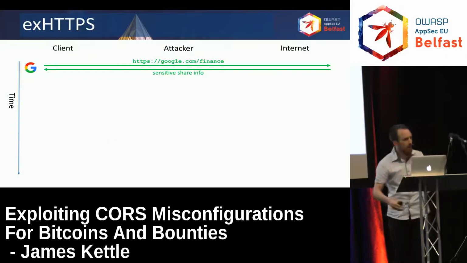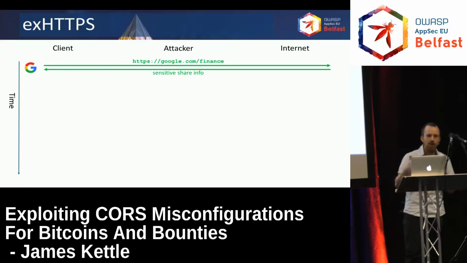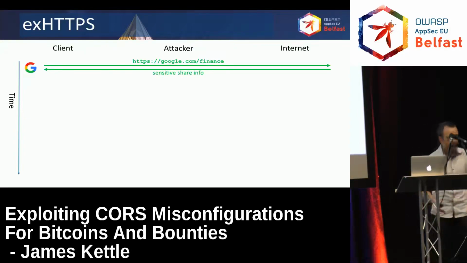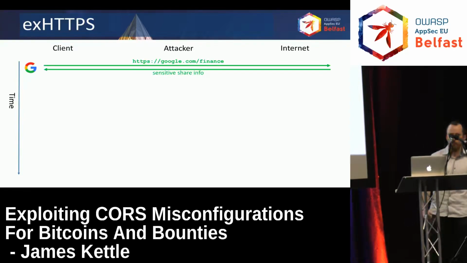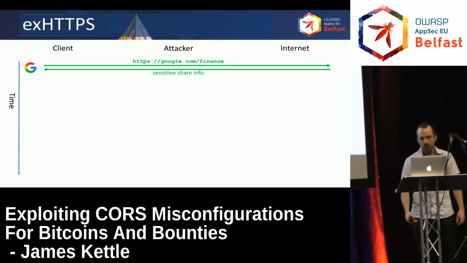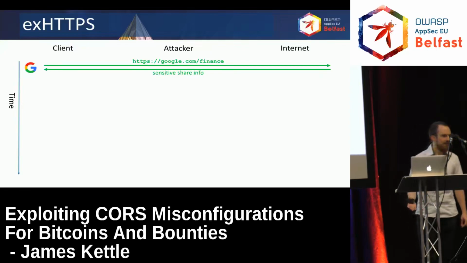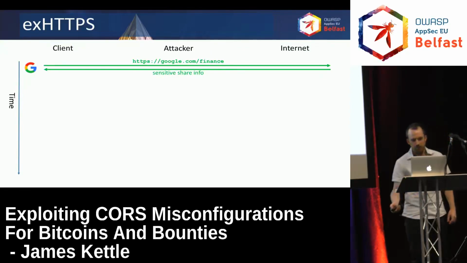Okay, so say that I'm accessing Google Finance, so I've got some sensitive share info on there, and you're in a position to view and tamper with my network traffic. Maybe I'm using insecure Wi-Fi in a coffee shop. Maybe you've done BGP hijacking on my company's office. That's kind of fashionable at the moment. Or maybe you're just the NSA sitting on every network, tampering with everything.